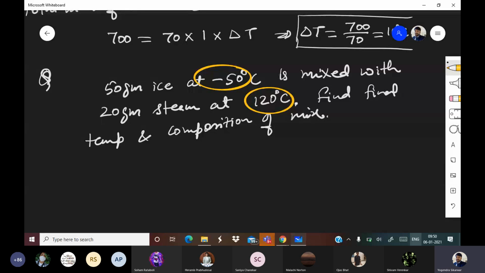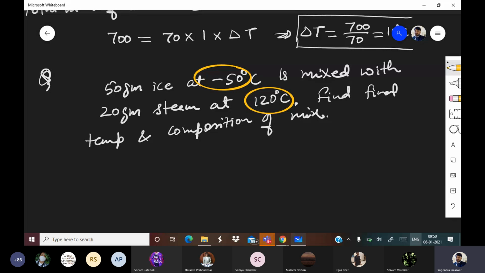If anything exists above 100 degrees, then it must be steam. If you are saying that water is there above 100, then you are wrong. Understood?